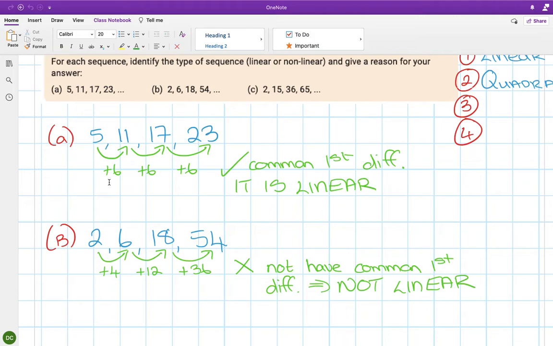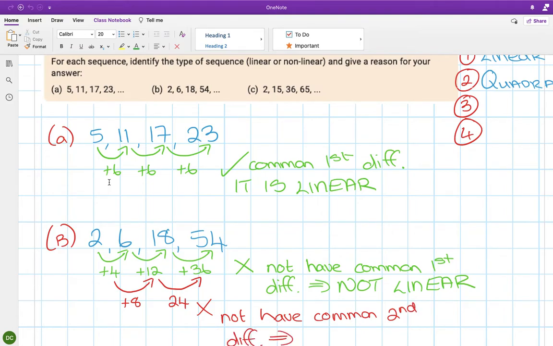Okay, so we'll go on and look at the second difference and see if there's a pattern there. So 4 to 12 is plus 8. 12 to 36 is 24. So it does not have a common second difference. So it is not quadratic.